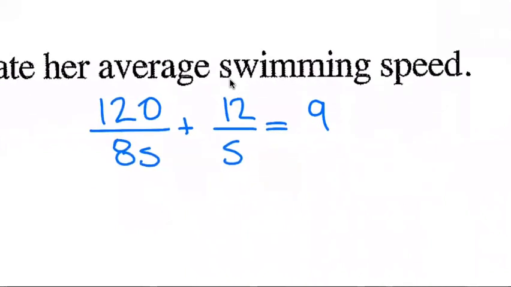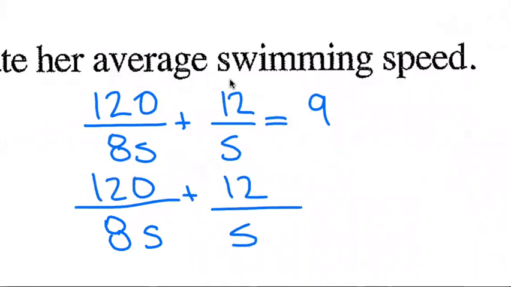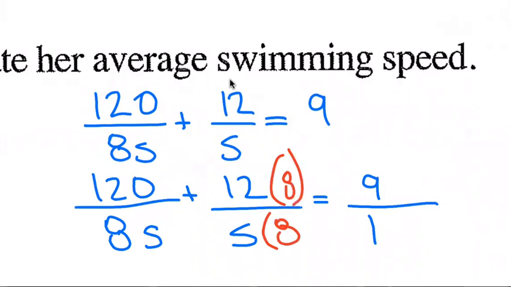Again, we do the same process and determine the common denominator, which is 8s. 12 over s was over here, 120 over 8s was already there, is equal to 9 over something. It was originally 1, but we are going to multiply in an 8 and an s here. So this is going to be 12 times 8.